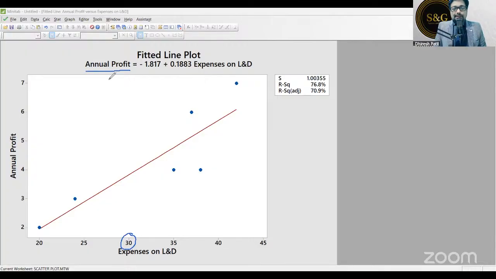So the equation is y is equal to minus 1.817 plus 0.1883 into expenses, which is 30 lakhs. So I want to check if I spend 30 lakhs, how much would be the profit?